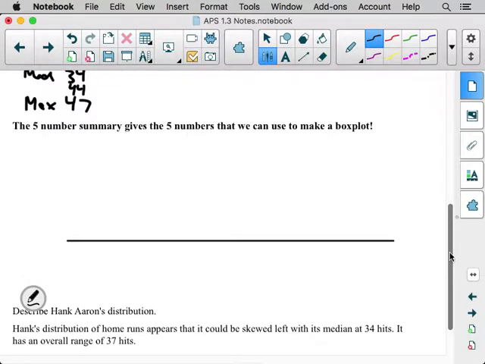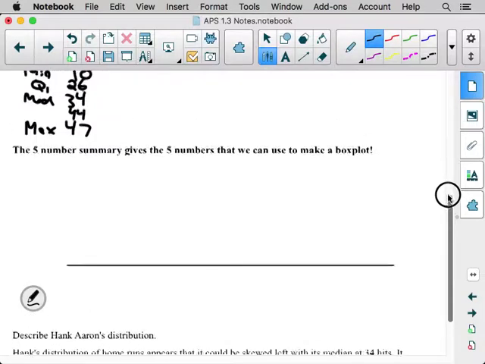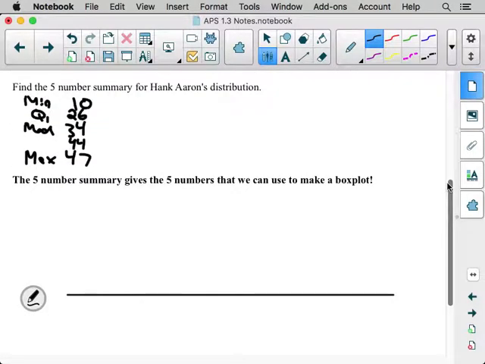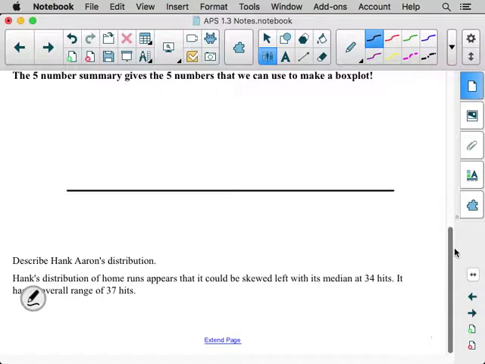All right, now, the 5-number summary actually gives you every single piece you need to build your box plot, okay? So how we do this is, let's look at how far we have to stretch. Okay, so we have to stretch from 10 up to 47. So I'm going to go from 10 up to 50, right?